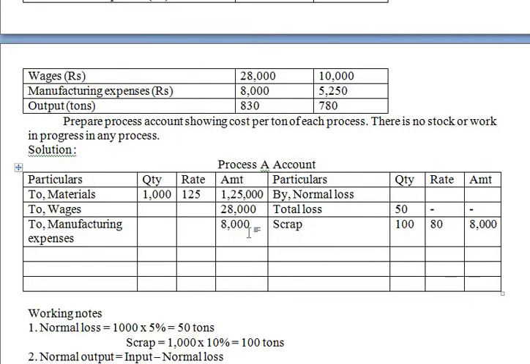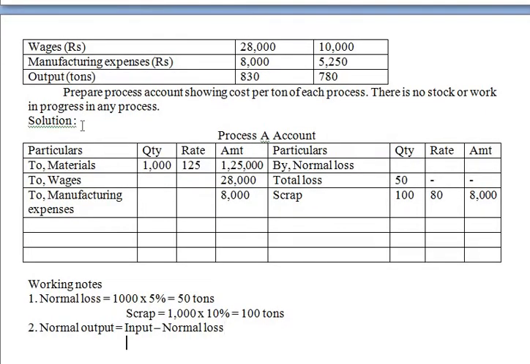Okay. Now, as they have given us output, this output is nothing but the actual output. If actual output is given, it means there is abnormal loss or gain, that we need to find out. So before finding out whether there is abnormal loss or gain, our second working note will be calculation of normal output. The normal output formula is input minus normal loss.